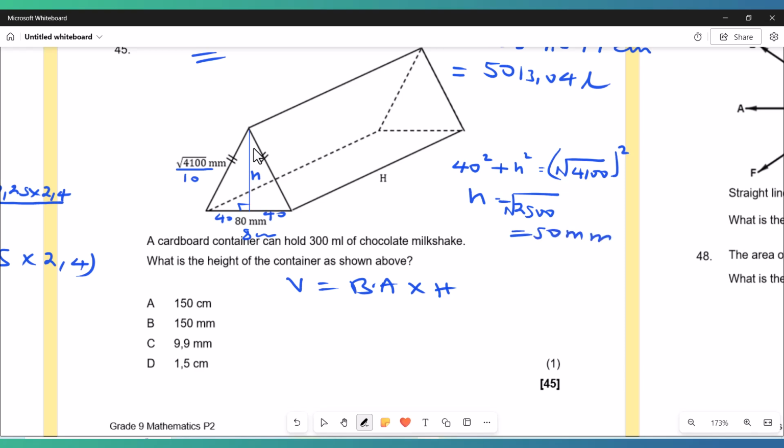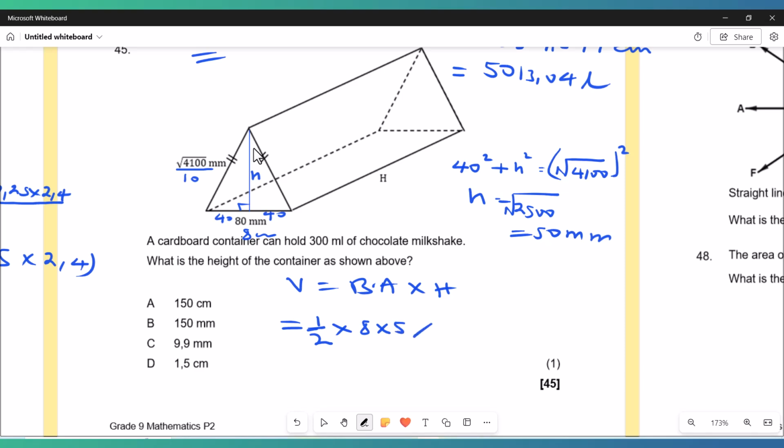Now I want to find the volume, don't forget. The base area being a triangle, I'm going to say a half times base times height. The base is the whole 80 millimeters, so divide by 10 makes it 8 centimeters. The height which I just got, 50 millimeters, divided by 10 becomes 5, so times 5.